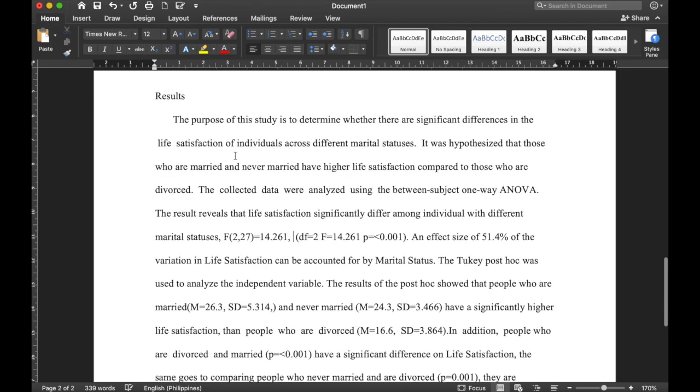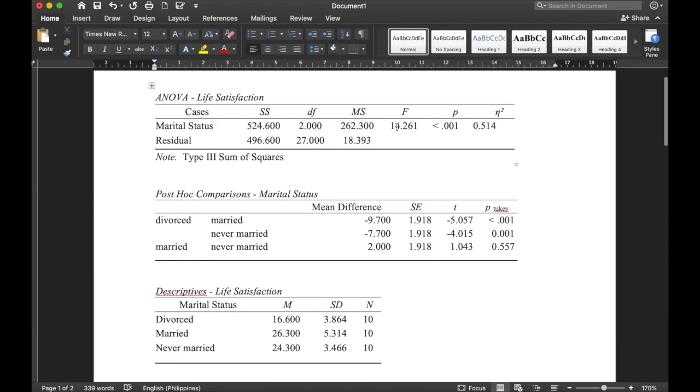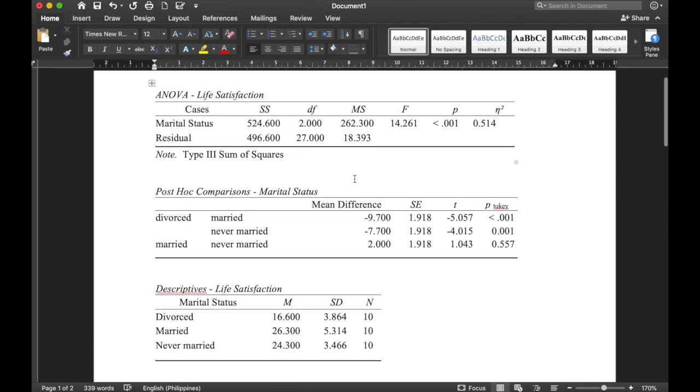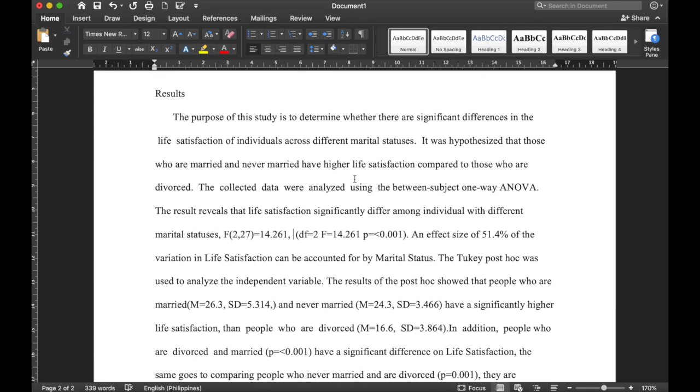Let's double check, 14.261, that is our F value. Okay, let's see our p-value, p is less than 0.001. Okay, so that is how you should express your result.